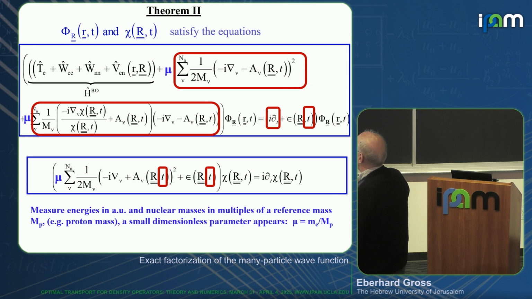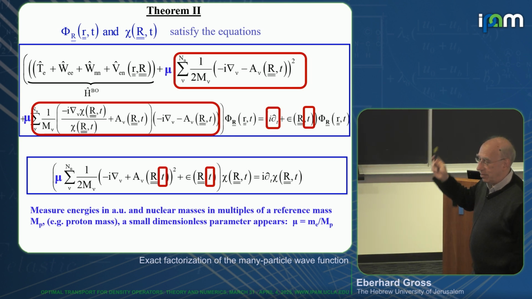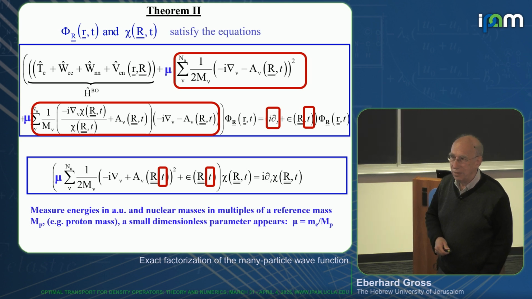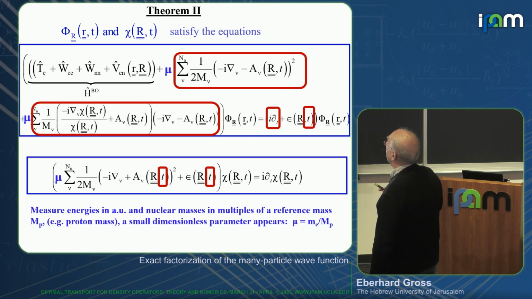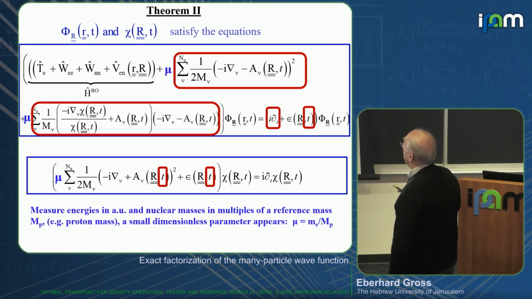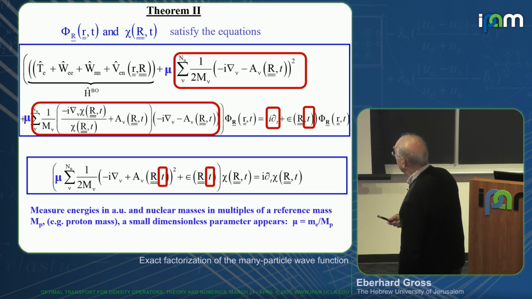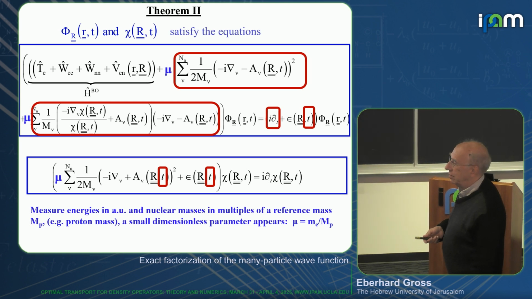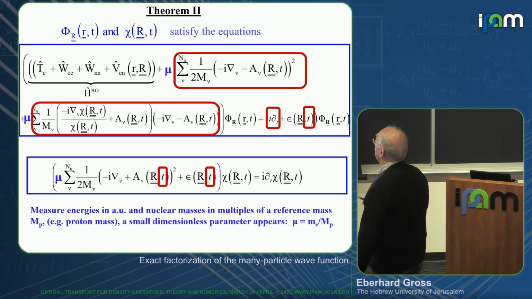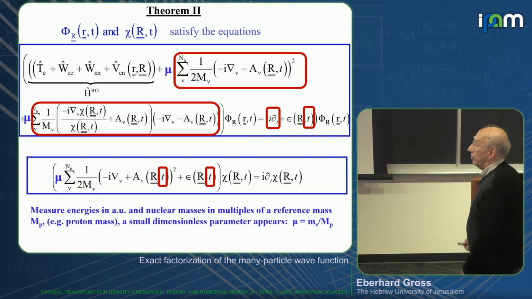Now, a very important part is that if you write this whole equation, let's say in a chosen unit system, let's say atomic units, then you find that these terms here, if capital M is now measuring the nuclear masses as multiples of a reference mass, let's say proton mass, then you get a dimensionless prefactor, which is the ratio of electronic over nuclear mass.